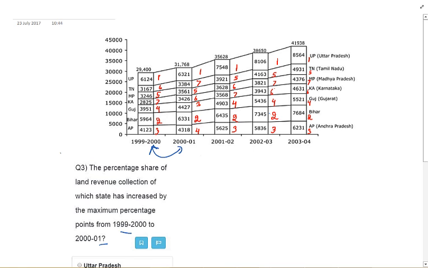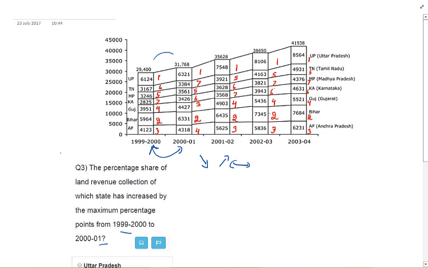So anybody whose ranking has gone down cannot have the maximum percentage increase. The only states whose ranking has gone up or has remained level are the contenders for the maximum percentage share increase. Now we'll quickly observe and see which one seems to make sense.